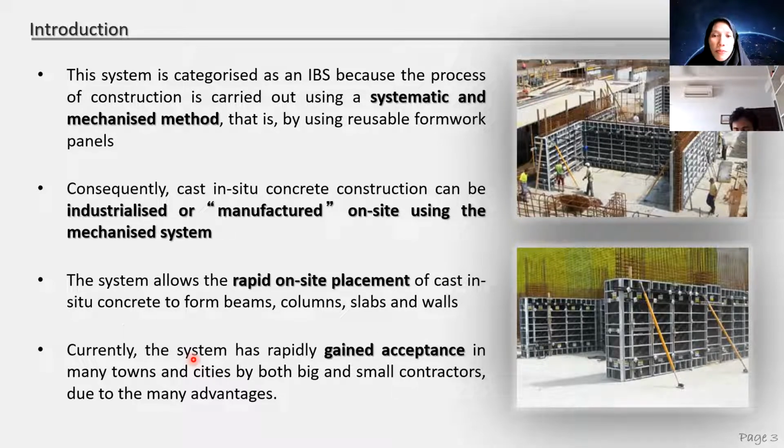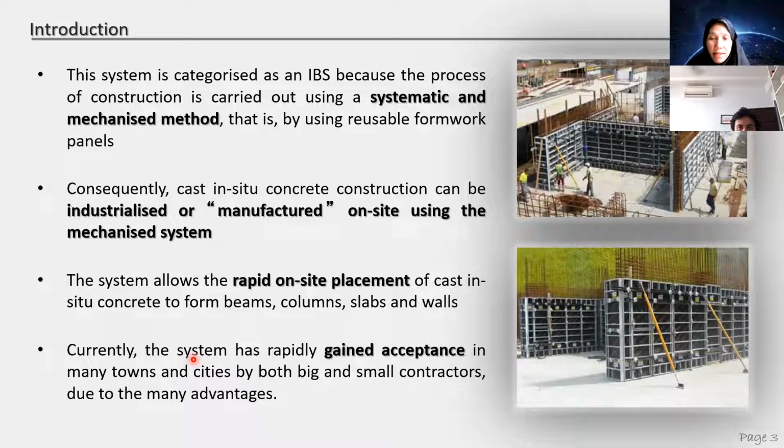It means it reduces the tasks on site, especially for the concreting using the formwork system. So it is cast in situ, but it changes the process into industrialized and manufactured on site by using the mechanized system.